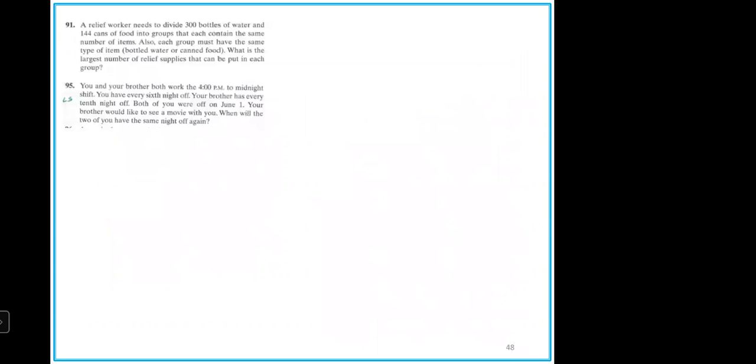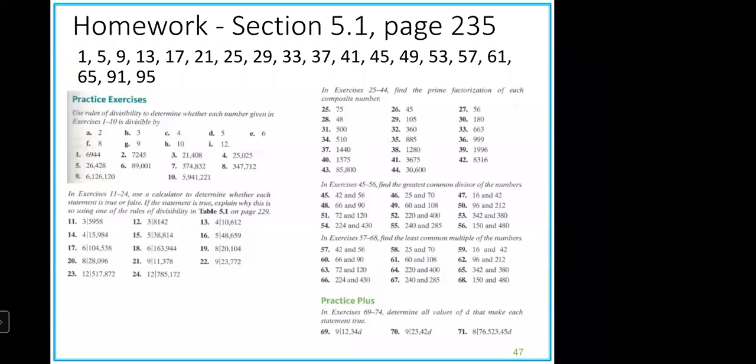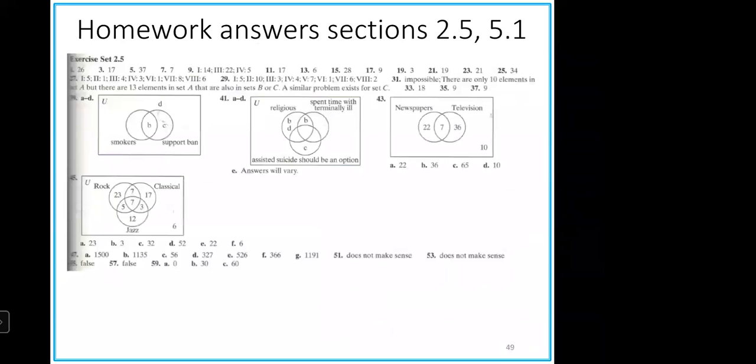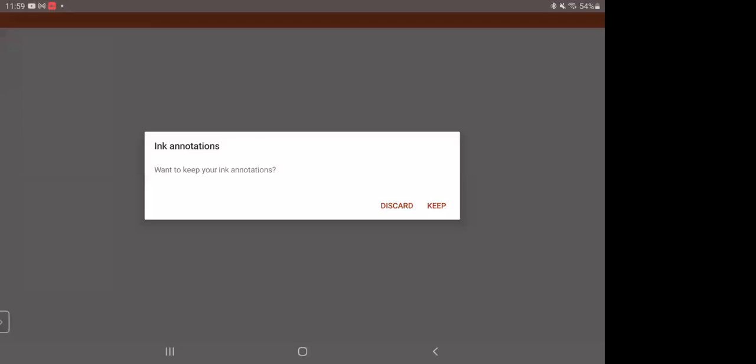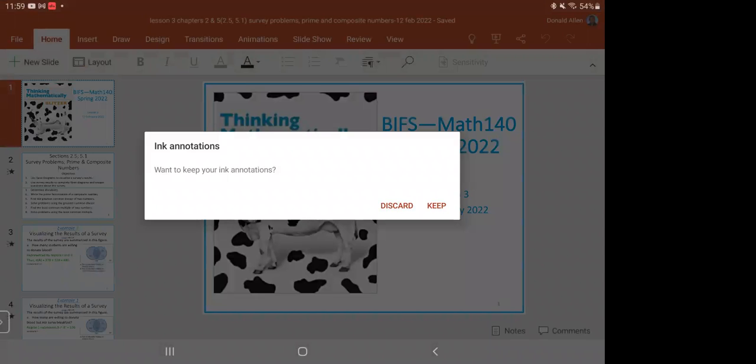I have the questions here, and then the answers are here, the answers for 2.5 and the answers for 5.1. Okay, discard that.